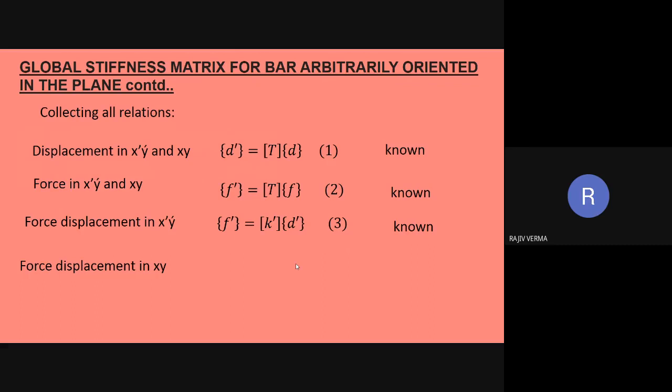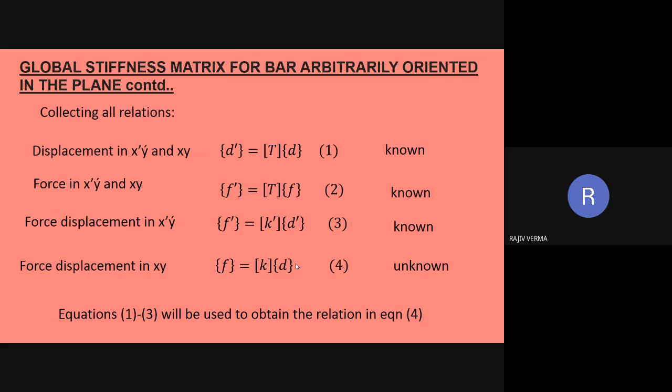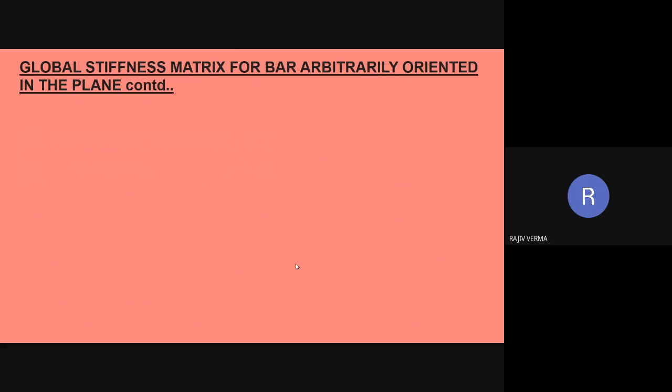But what is unknown is a relationship between forces and displacement in the global frame given by equation number 4, which happens to be unknown. Now equation number 4 is basically obtained by using equation number 1 and 2, which is going to be illustrated in the next slide. So we know equation number 1, equation number 2, equation 3, and equation 4 is not known.